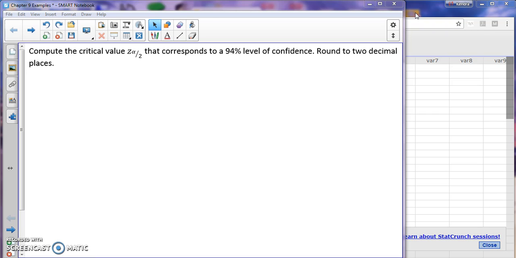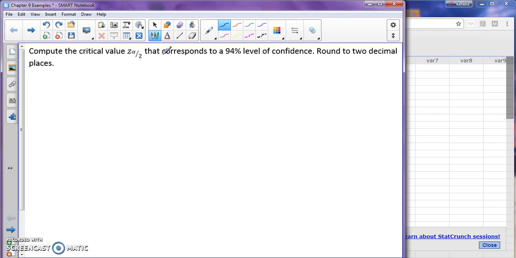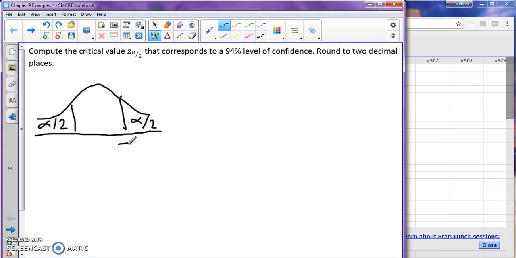So what we're looking at here visually is we have our bell curve, and we have it being split, and each of these tails here are alpha over 2, and so this value here is z sub alpha over 2, and this is negative z sub alpha over 2, which will be important in chapter 10.